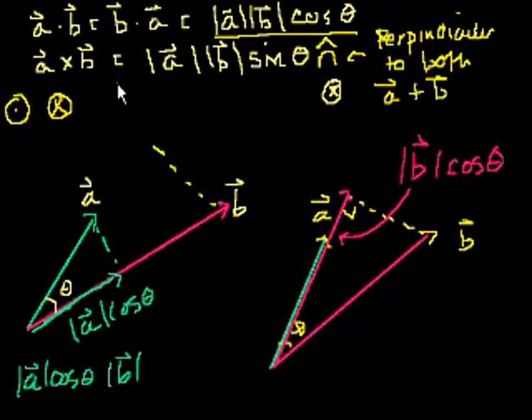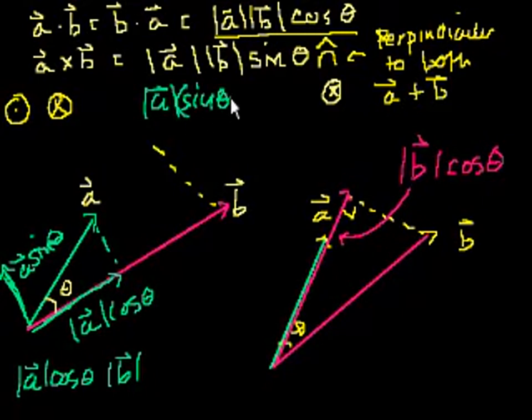Now, what is AB sine theta? Well, if this vector right here is A cosine theta, and you learned this when you learned how to take the components of vectors, this vector right here is the magnitude of A sine theta. You could rewrite this as the magnitude of A sine theta times the magnitude of B in that normal vector direction.